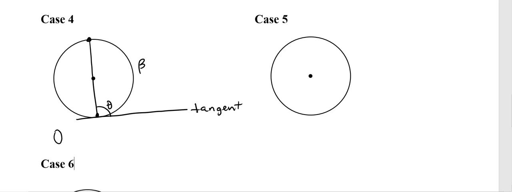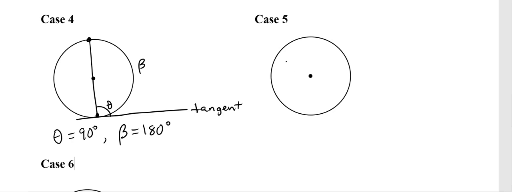Well, we know another theorem that says that a radius drawn to a point of tangency makes a right angle with the tangent line. So that means theta is 90 degrees. Also, beta is exactly half of the circle here, so beta is 180 degrees. So again, we see the same relationship. The inscribed angle has a measure half of the arc it intercepts.